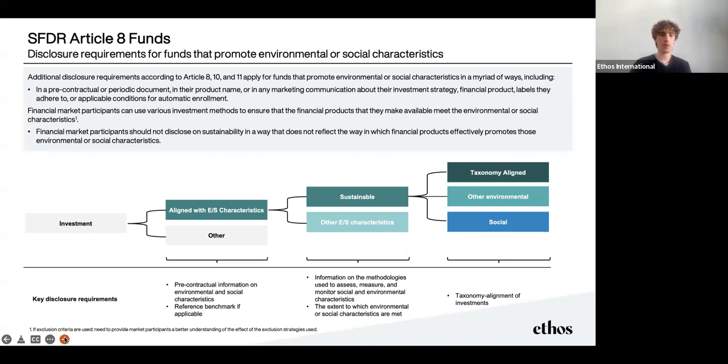Important to note here is that if you're using exclusion criteria, you have to very much explain how these exclusion criteria are affecting your investment strategy and the environmental and social characteristics that you're following. So if you exclude gambling, for example, how is that helping from a positive sense environmental and social characteristics?